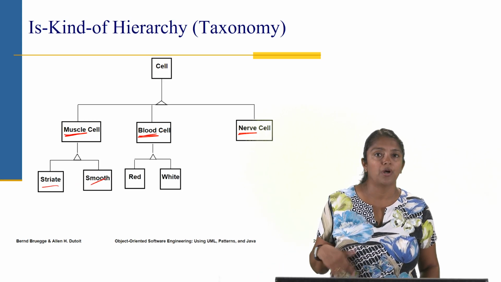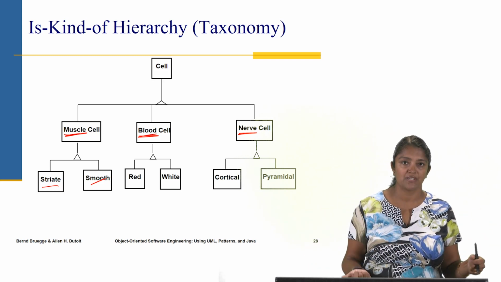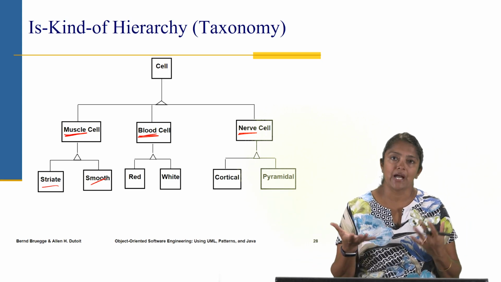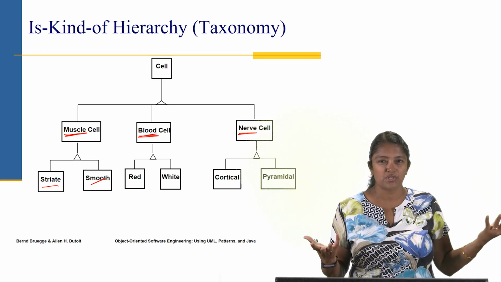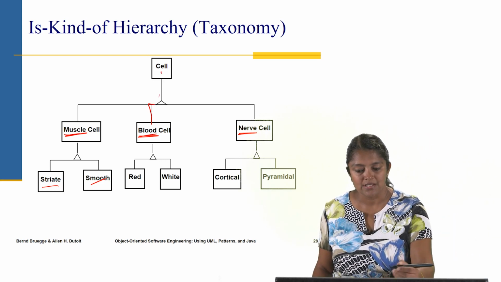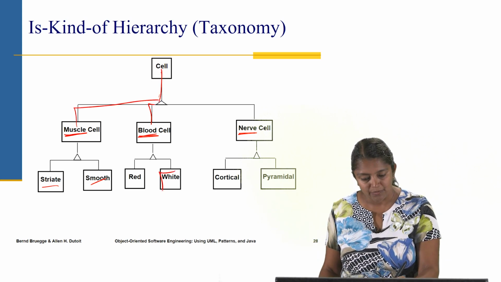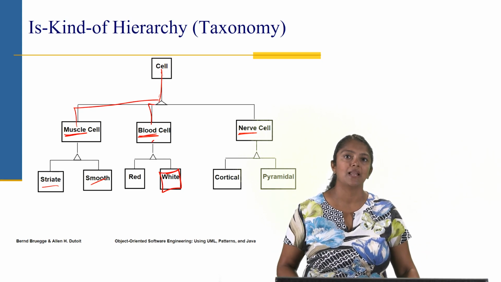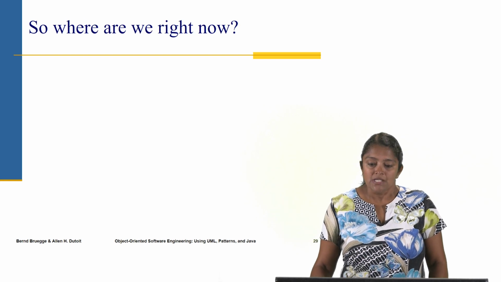Blood cells can be broken down into red and white. Nerve cells can be further broken down into a specialization called cortical and pyramidal. So this is an is kind of hierarchy, wherein we take a generic type and break it down into more specific types. The blood cell is of kind cell, a muscle cell is of kind cell, and so on. A white blood cell is of kind blood cell and is also of type cell. So that's the is kind of hierarchy.